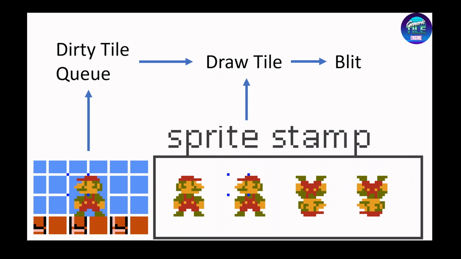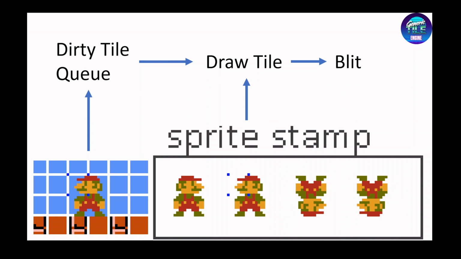First, when a sprite is defined, a sprite stamp is created. These are pre-rendered sprites with the different horizontal and vertical flipping bits defined. Then when a sprite is drawn to the screen, the sprite's intersection with the different tiles is calculated, so we know which tiles need to be updated with sprite data.